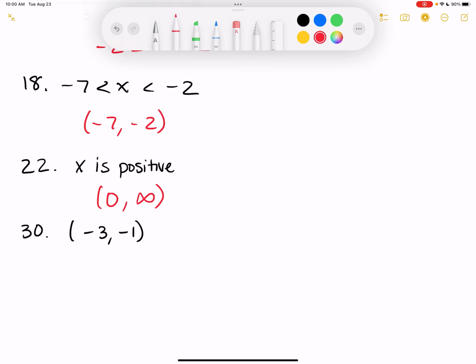Where does x fall in that interval? Is it -3 less than x less than -1? Yep. -3 less than x less than -1, because x has to be somewhere between -3 and -1. What are the endpoints? -3 and -1. Yep.